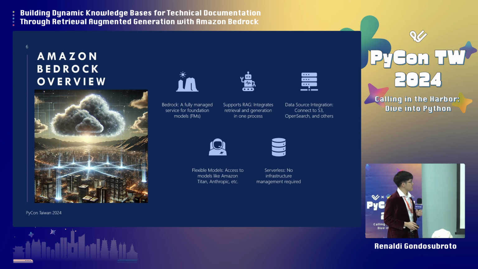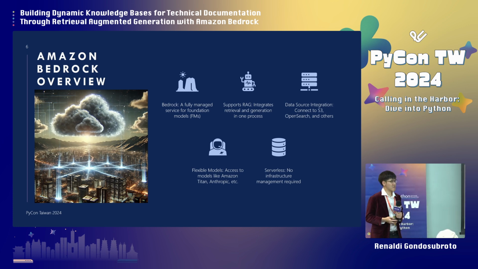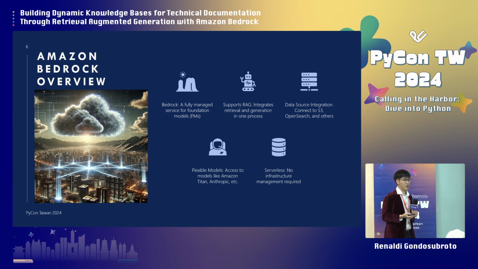You have the data source integration, so you can connect to, if you're familiar with AWS, S3, which is the storage space, OpenSearch, which is basically where you'll be doing the RAG and the embeddings and the training, and many other places within AWS. And that is essentially why a lot of people currently use AWS, Amazon Bedrock for their generative AI purposes, just because a lot of people are already using AWS anyway. And because they're already using AWS, it's much easier to connect to different services that way.